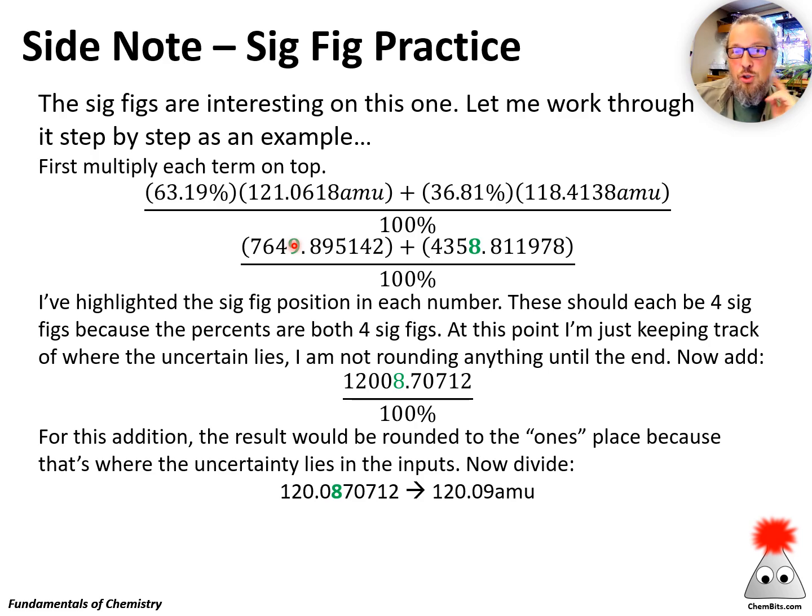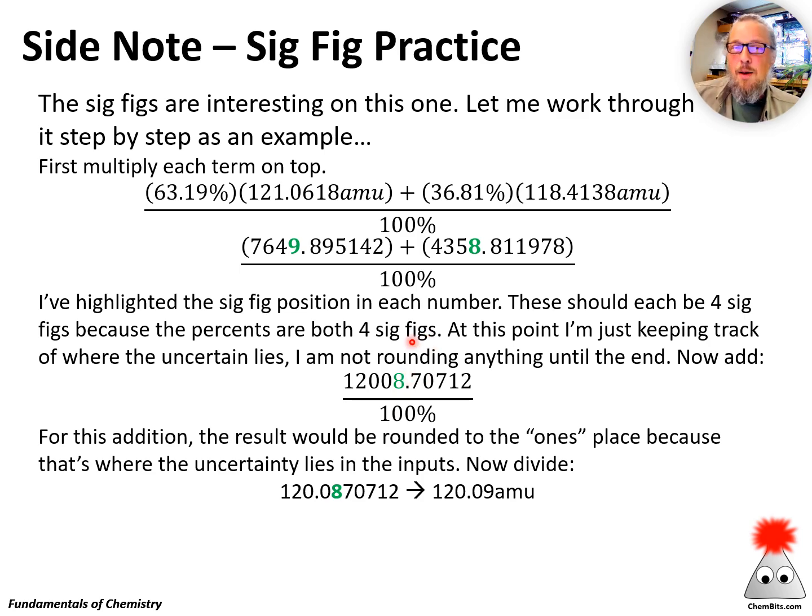So the shortest decimal. These are both uncertain in the ones position. So if I were to report this, I would be rounding this number at the ones position, but I'm not. So let's do the next math step.